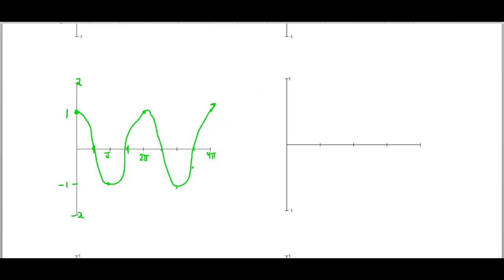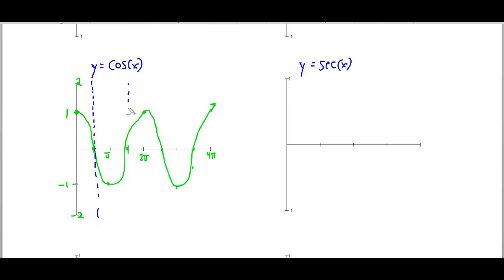Now let me change colors here and show you what this is going to look like. The asymptote lines are in a little bit of a different place. The asymptote lines for going from y equals cosine of x to y equals its reciprocal function, which is going to be your secant of x, are going to be at the zeros.